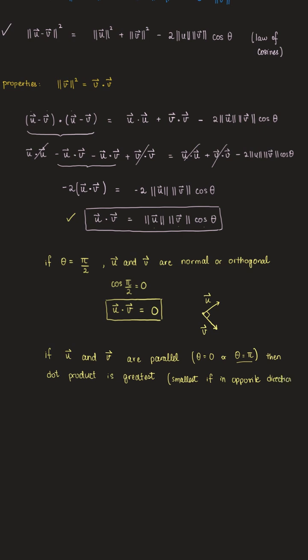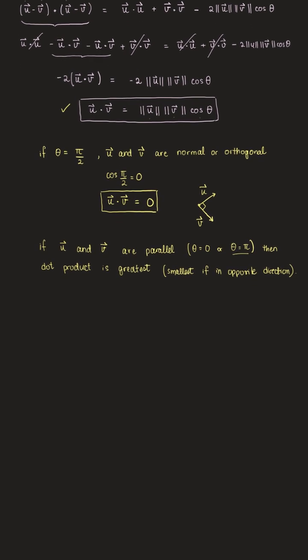So the larger the absolute value, or the numerical value, of the dot product is, the more aligned two vectors are to one another, which means they're pointing in the same direction or exactly in the opposite direction. But if the angle between the vectors is 90 degrees, then the dot product will be 0.